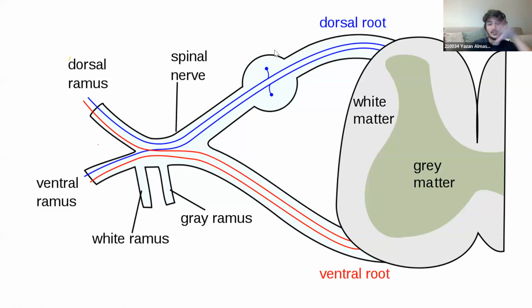Hopefully I didn't confuse you guys. I tried to draw it from scratch so you will remember more, because with drawing you remember more. Is everything clear for the spinal cord and the autonomic nervous system? Hopefully yes. Okay, great.